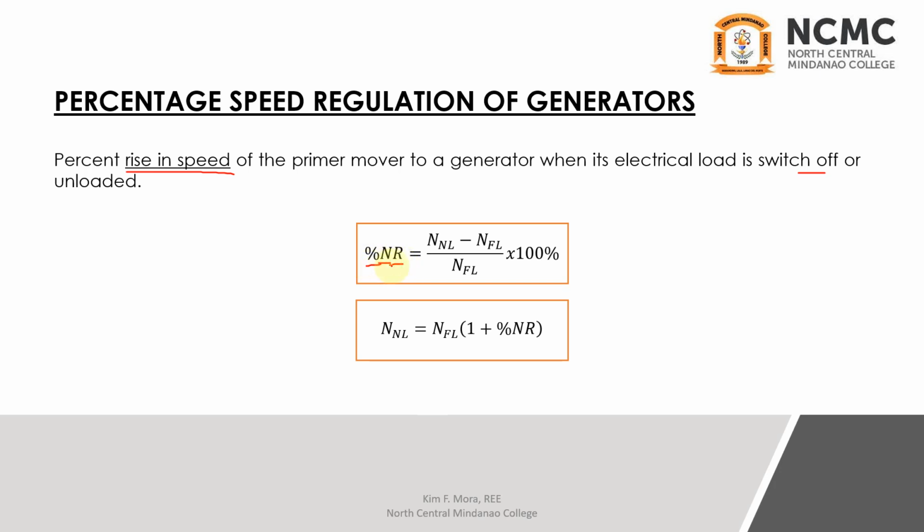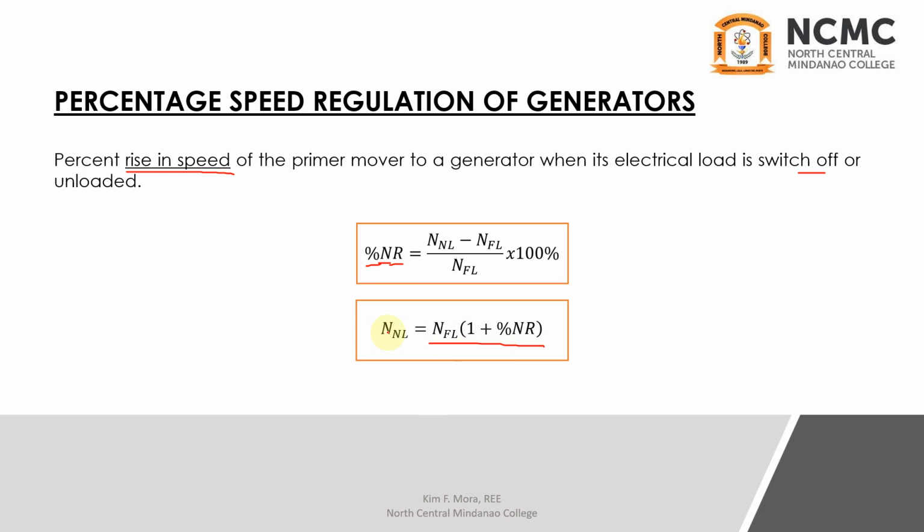So percent speed regulation is equal to the no load speed minus the full load speed over the full load speed times 100%. So if you're going to solve for the no load speed, we just manipulate the formula, multiply here, then transfer FL to the other side. So that will be our answer.